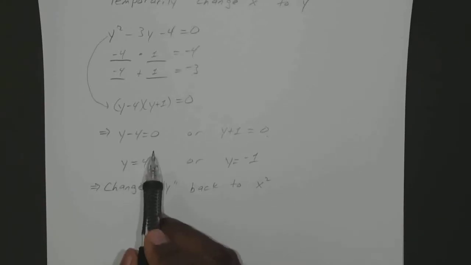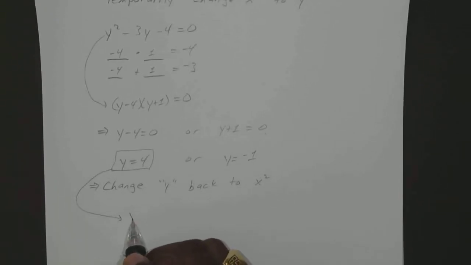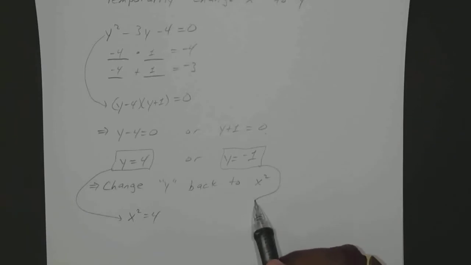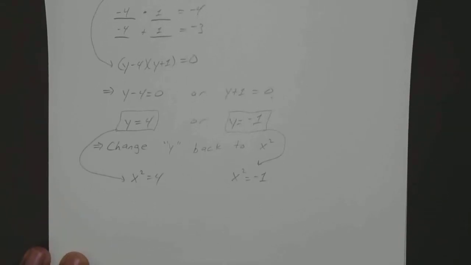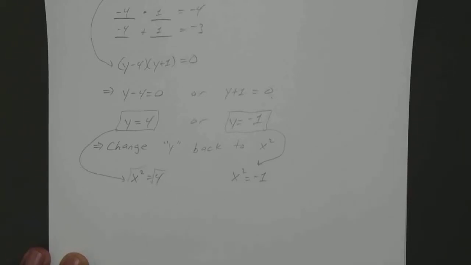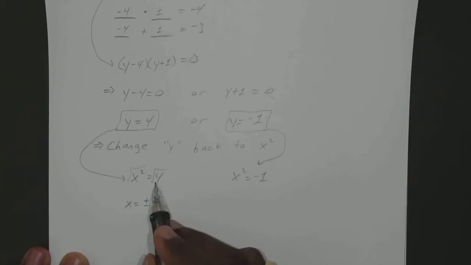So that gives us x squared equals 4, and this one gives us x squared equals -1. By the square root property, you square root both sides. We have x equals positive or negative square root of 4, which is 2.